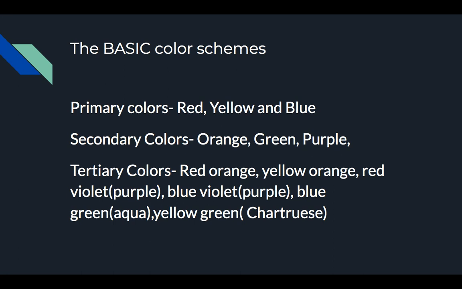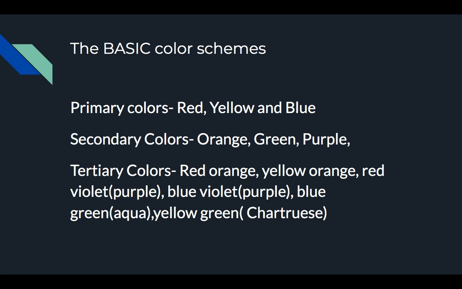For tertiary colors, we have red-orange, yellow-orange, red-violet, blue-violet, blue-green, also known as aqua, and yellow-green, which some people call chartreuse. Okay, so those are our three basic color schemes: primary, secondary, and tertiary colors.